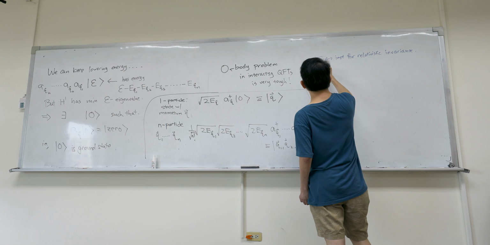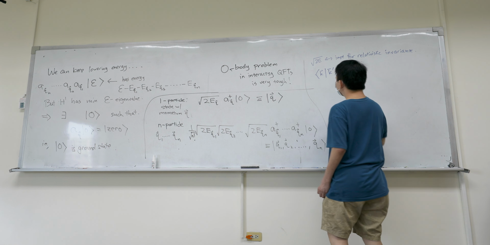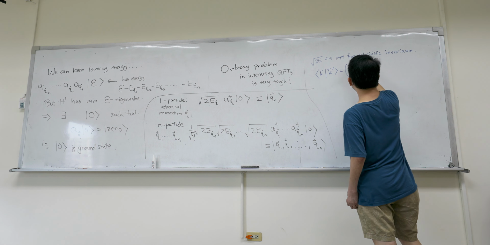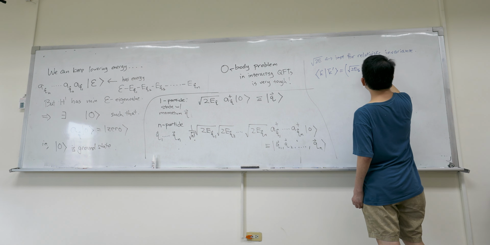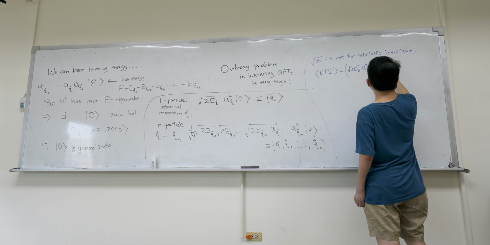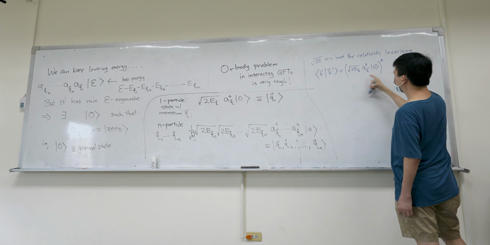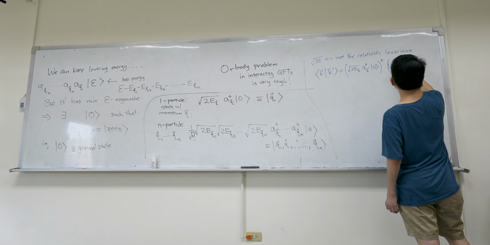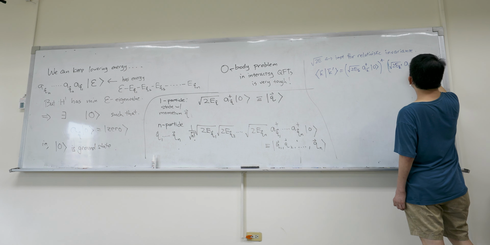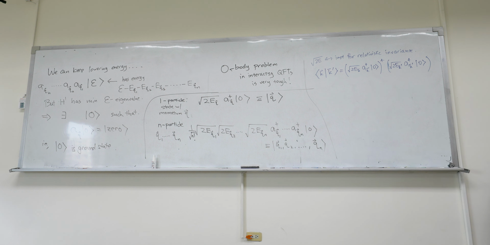Let's consider the normalization, right? So <k'|k>, what happens here? This is, remember, square root of 2E_k, and then a_k dagger acting on the ground state, that is |k>. And then it acts on the bra, which is the ground state, square root of 2E_k', and then a_k' acting on it.